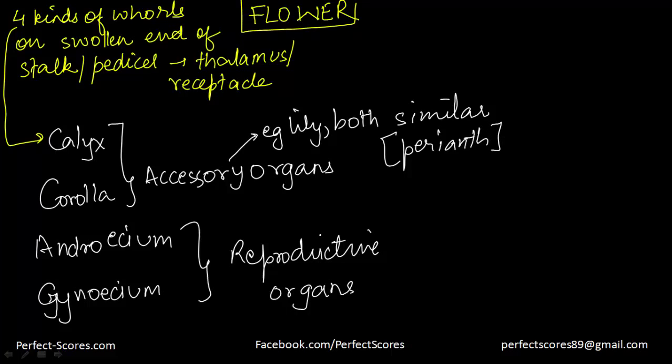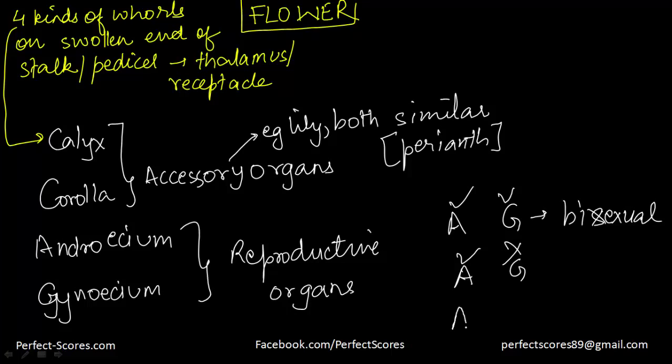Now when a flower has both the androecium and the gynoecium, it is known as bisexual. And if it has only androecium or if it has only the gynoecium, it is known as unisexual.